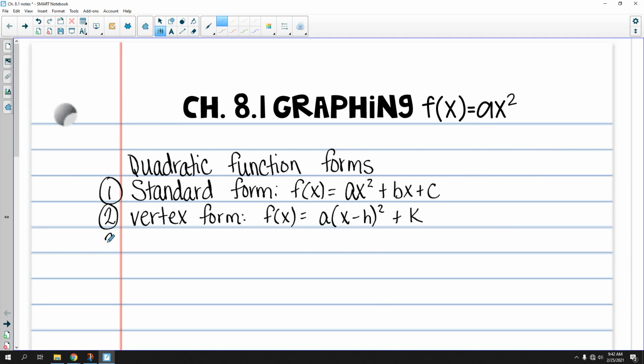And the third function form is called factored form.